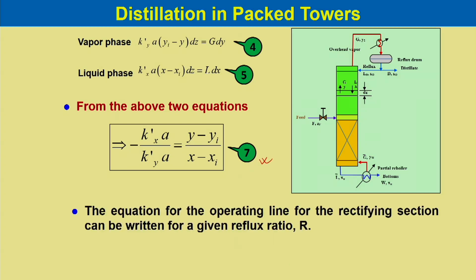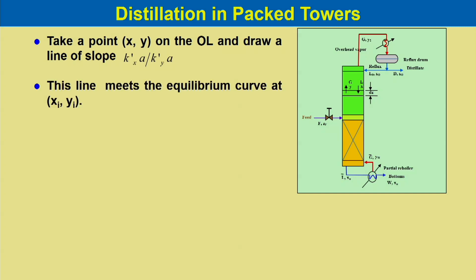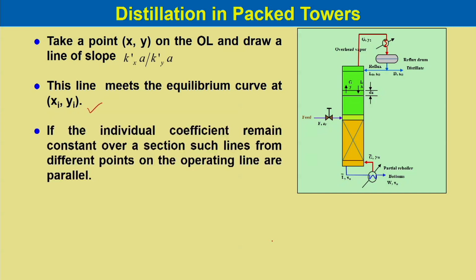The equation for the operating line for the rectifying section can be written for a given reflux R. Then take a point x y on the operating line and draw a line of slope Kx dash A by Ky dash A. This line meets the equilibrium curve at xi yi. If the individual coefficients remain constant over a section, such lines from different points on the operating line are parallel.